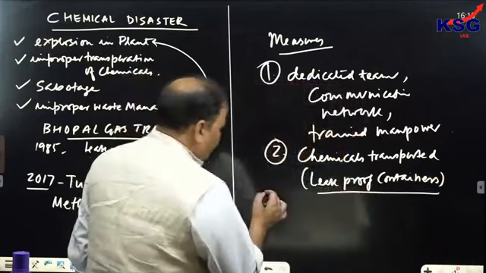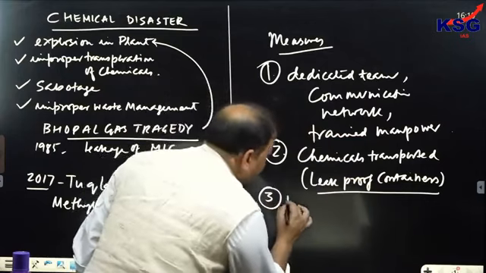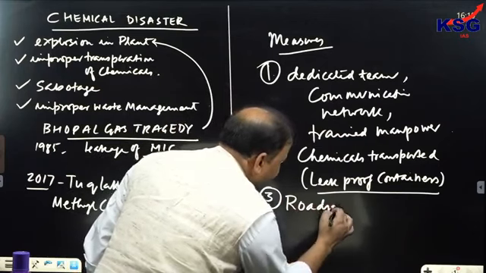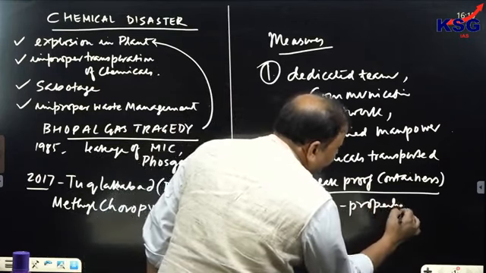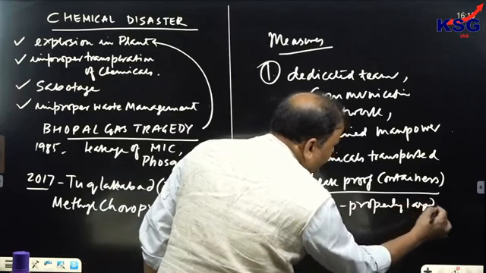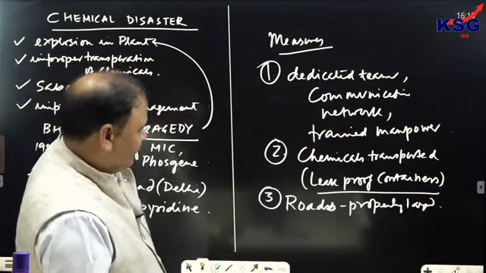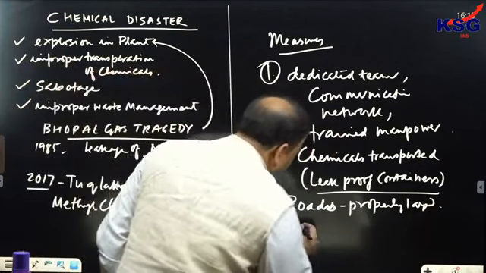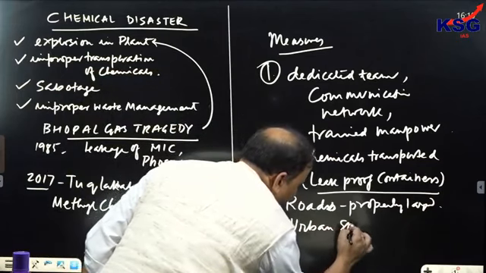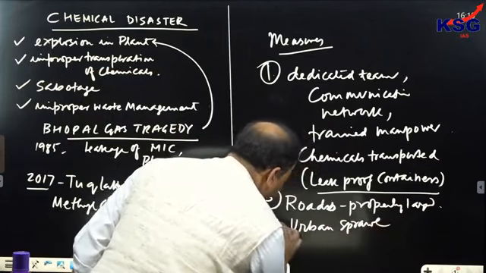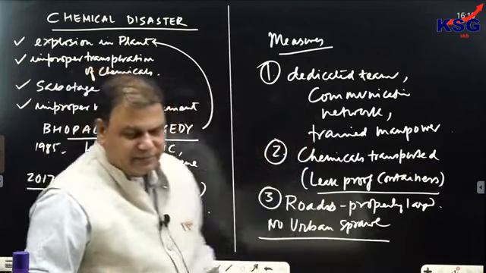Then also, the third is that roads should be properly laid. Properly laid roads would help us in the purpose of evacuation. And there should not be any urban sprawl. Urban sprawl means dense population nearby. No urban sprawl should be present.